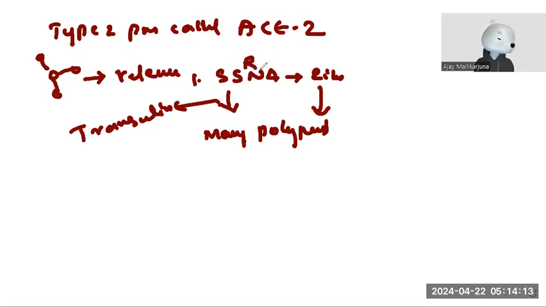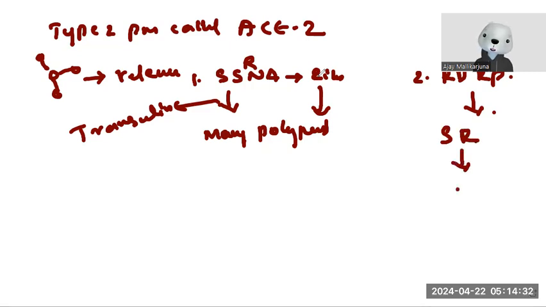Again, this single stranded RNA releases RNA dependent RNA polymerase enzyme, which makes single stranded RNA from the RNA, so synthesis of RNA through the RNA. This type 2 receptor is called ACE2.